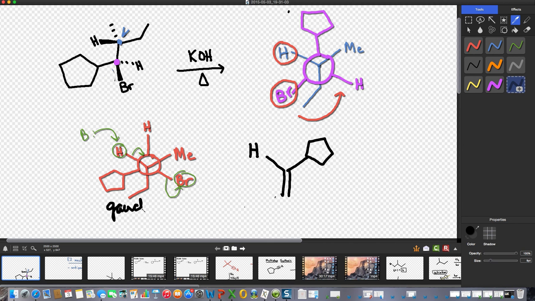They are on adjacent carbons. Gauche equals cis when I'm translating this Newman projection. Which means the methyl group is trans relative to the cyclopentyl group. The high priority, of course, on this carbon is cyclopentyl, on this carbon it's ethyl. This means I get a Z alkene.